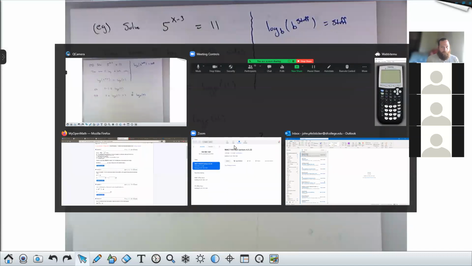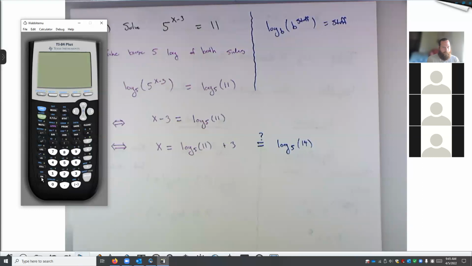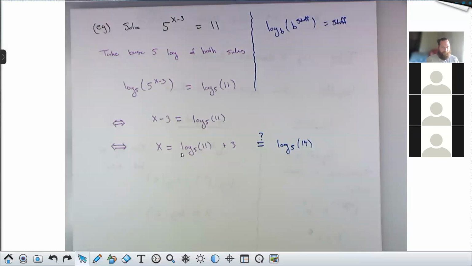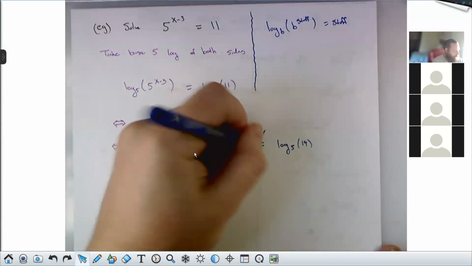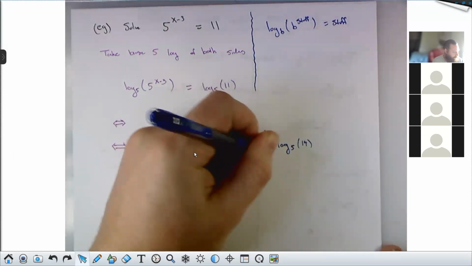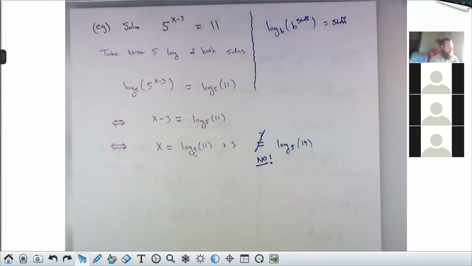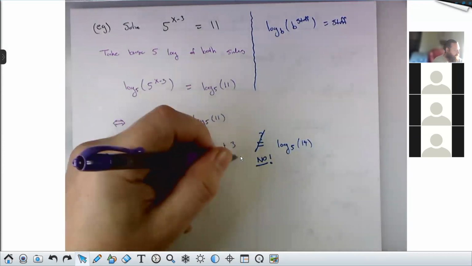Now we can check with our calculator. But first we would need to convert this to a natural log. If I want to write this in a form I can plug into my calculator, right? This is good. This is the exact answer.